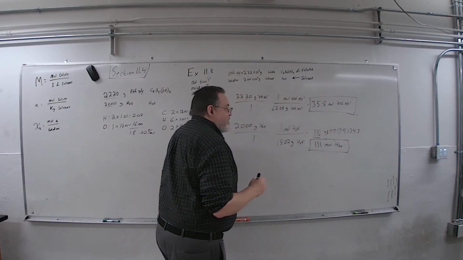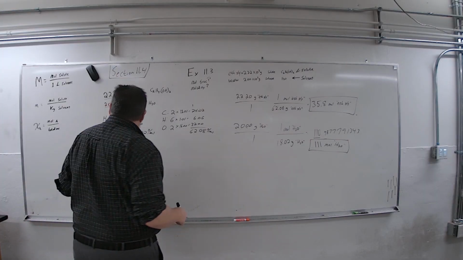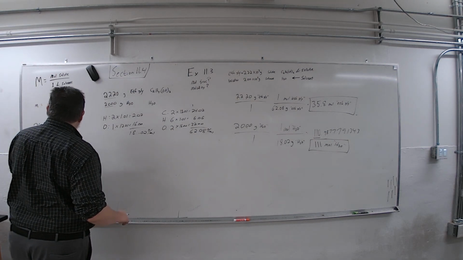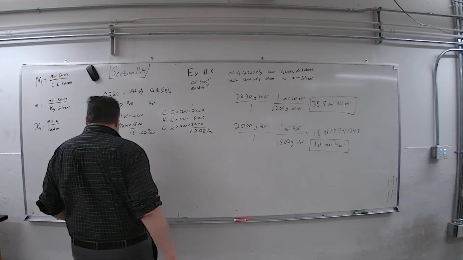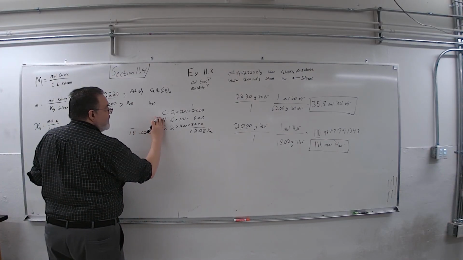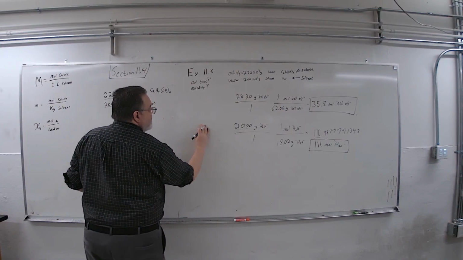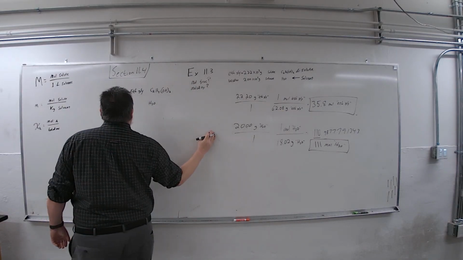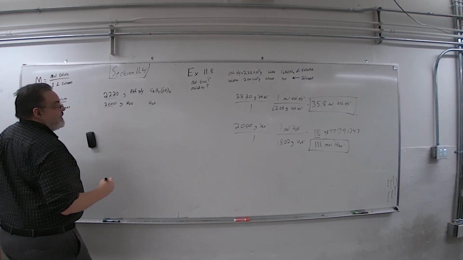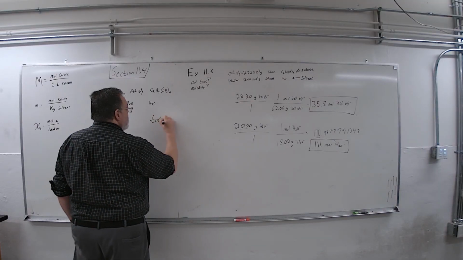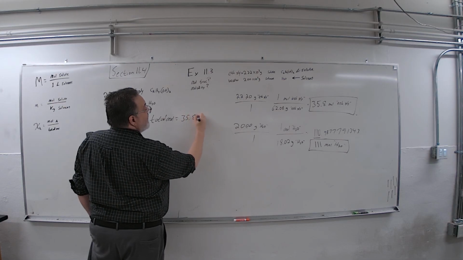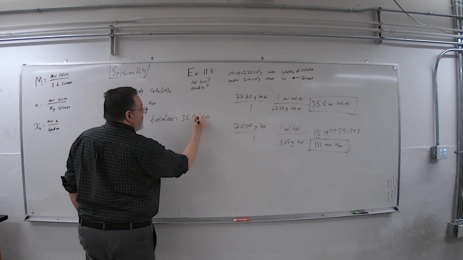So when you're doing mole fraction, you just find out how many moles there are of each thing. And then the total moles goes on the bottom, and the moles of whichever component you're calculating goes on top. Total number of moles is 35.8 ethylene glycol.